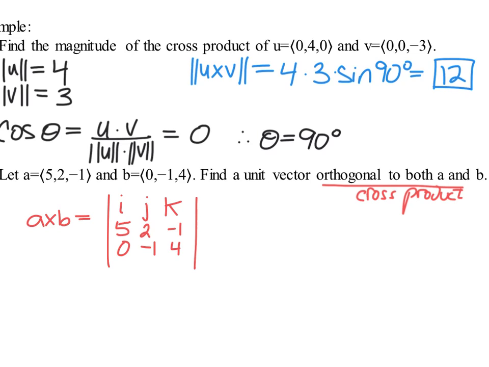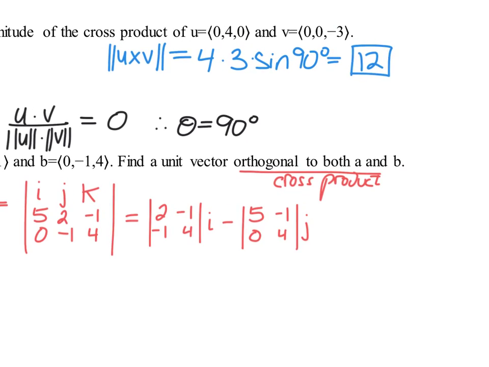Because this corresponds specifically to A cross B. All right, so I'm looking at 2, -1, -1, 4, i. Minus 5, -1, 0, 4, j, and then 5, 2, 0, -1, k.